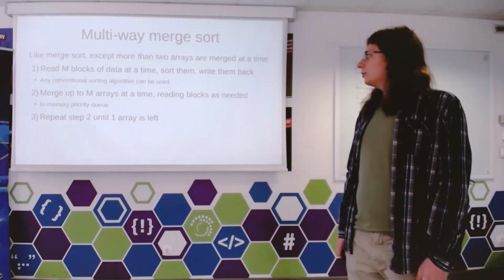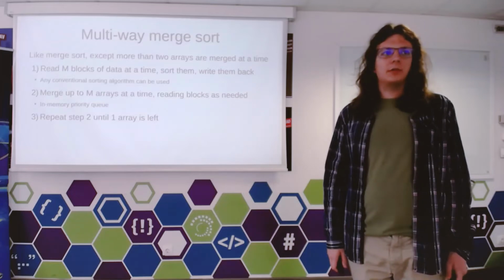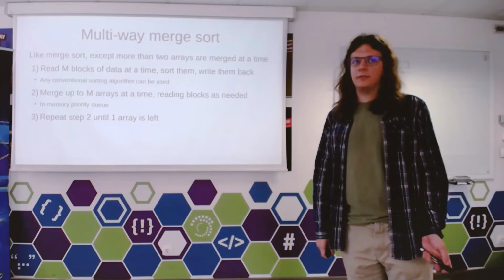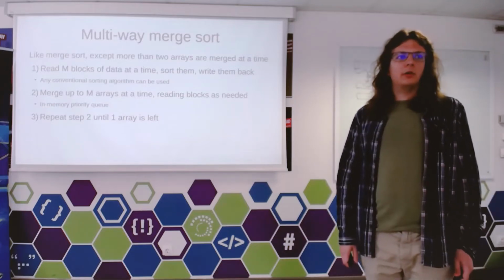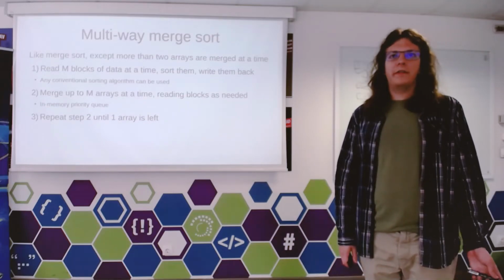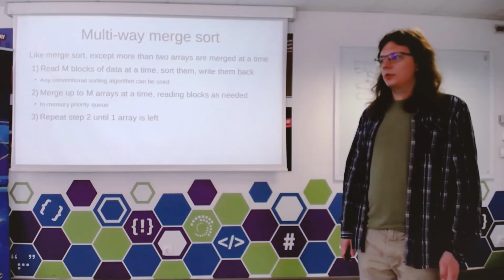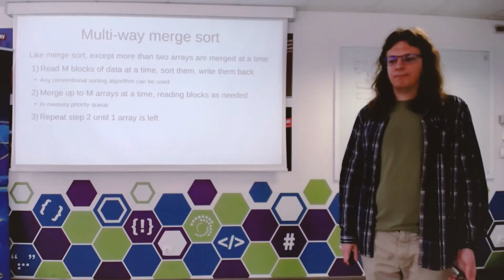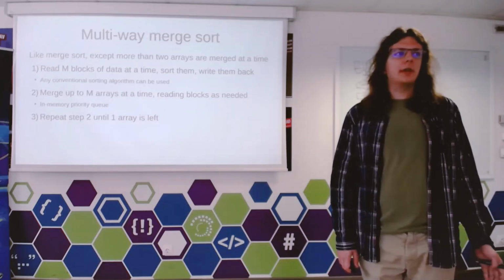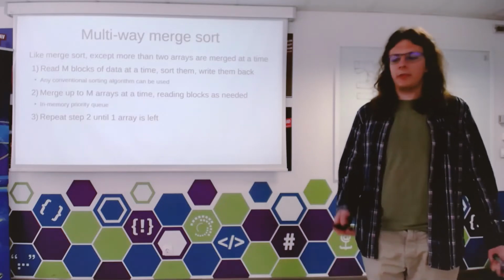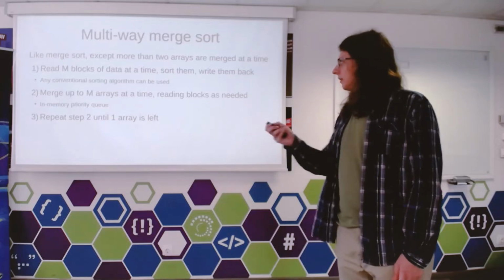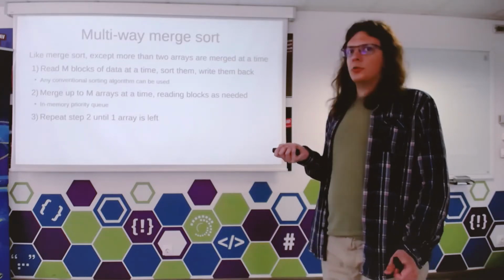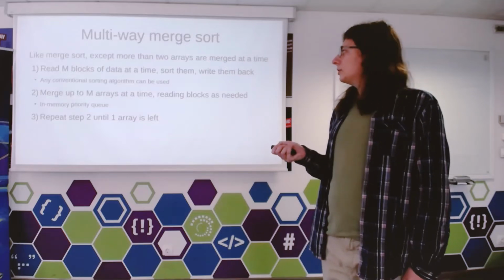So if we have a terabyte of numbers, so some number of hundreds of billions, and a gigabyte of memory, we will only end up with 1,000 arrays we have to sort. So even if we do a regular merge sort afterwards, we'll have 10 iterations instead of 30-something. But then there's another interesting bit, which is that instead of only merging 2 arrays at a time, we merge many.